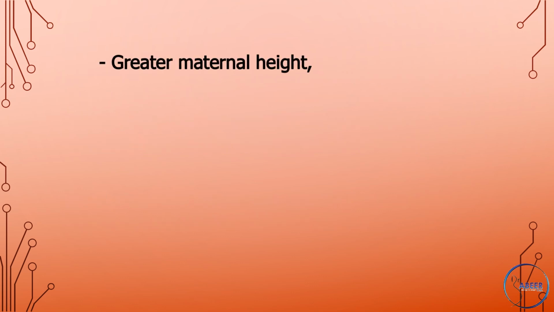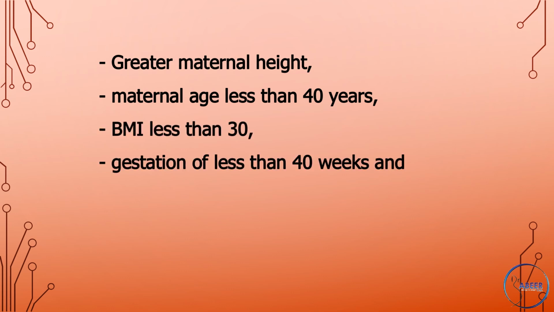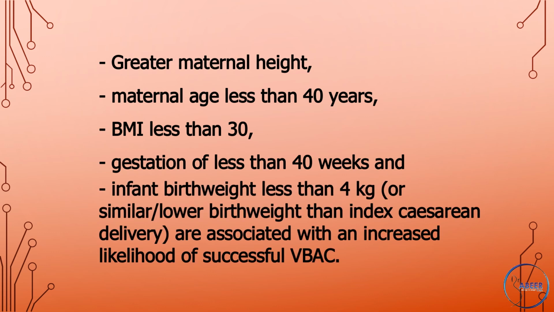Greater maternal height, maternal age less than 40 years, BMI less than 30, gestation of less than 40 weeks, and infant birth weight less than 4 kilograms or similar lower birth weight than index cesarean delivery are associated with an increased likelihood of successful VBAC.